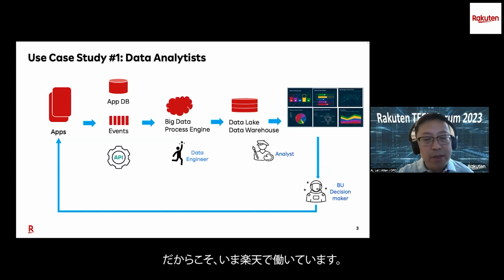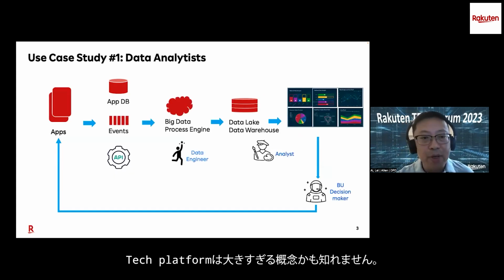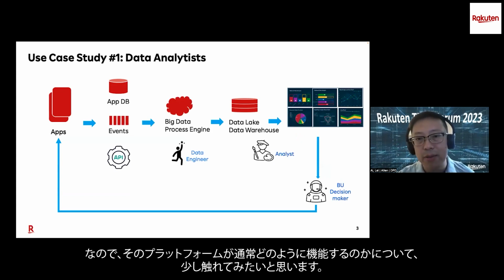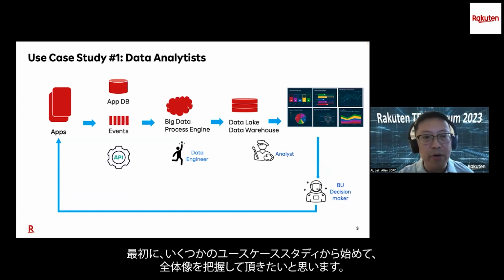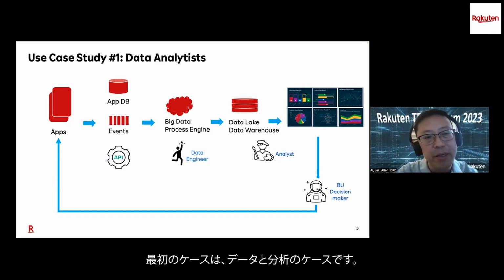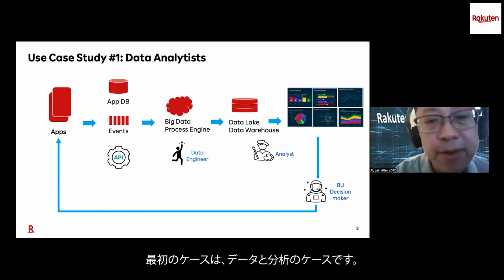So to start with, maybe data platform is a very big concept. Many of you may be curious about how a data platform usually works in Rakuten. So I'd like to start with some use case studies first, to give you a high-level impression of how this usually works in Rakuten. The first case is a data analytics use case.